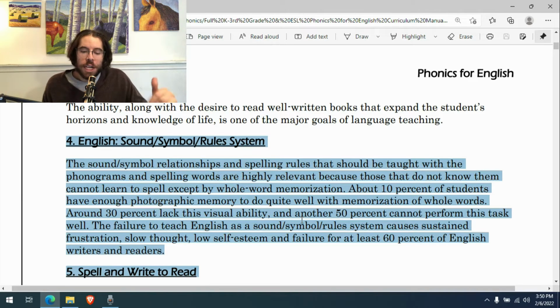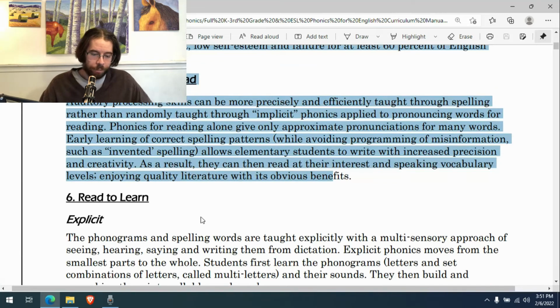The failure to teach English as a sound symbol rule system causes sustained frustration, slow thought, low self-esteem, and failure for at least 60% of English writers and readers. Much less somebody learning English as a second language. I mean, forget about it. You need to know what these specific letter combinations, i.e. phonograms, are saying, and which sounds they're using in order of use frequency.